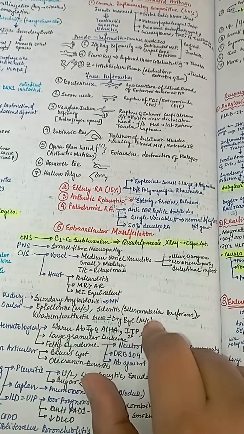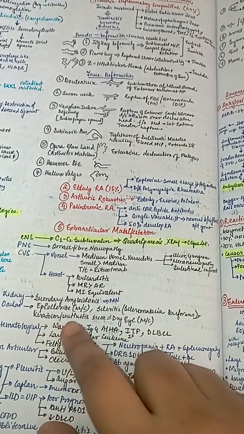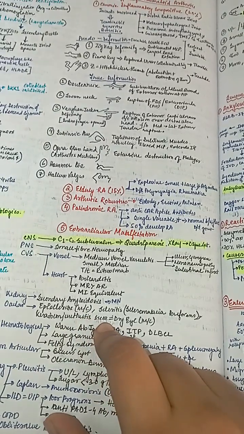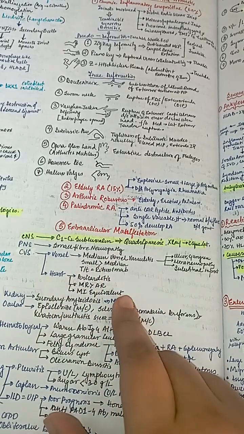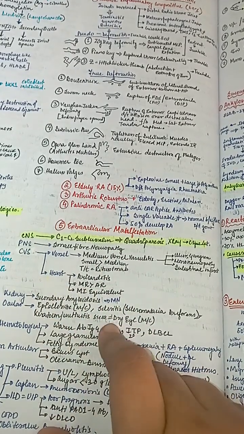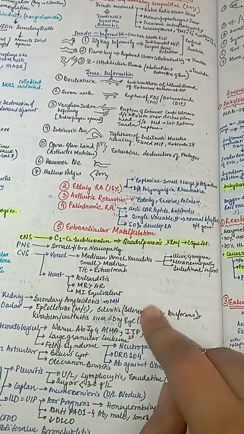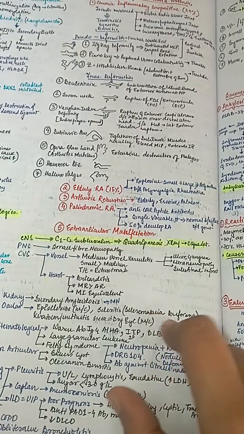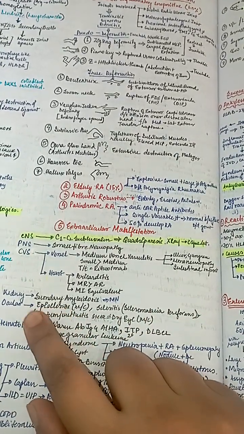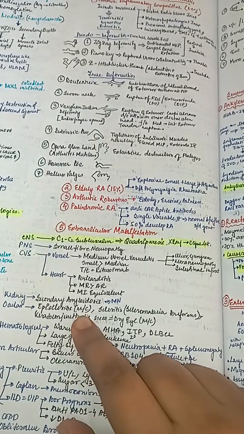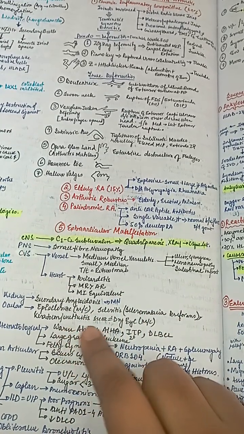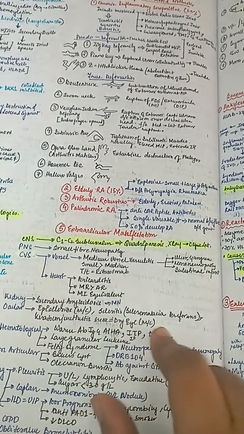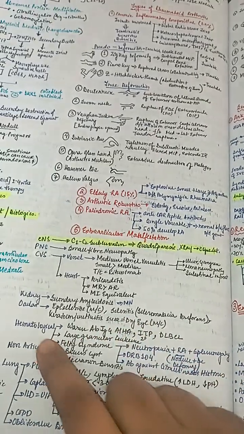The most common cause of dry eye is keratoconjunctivitis sicca.